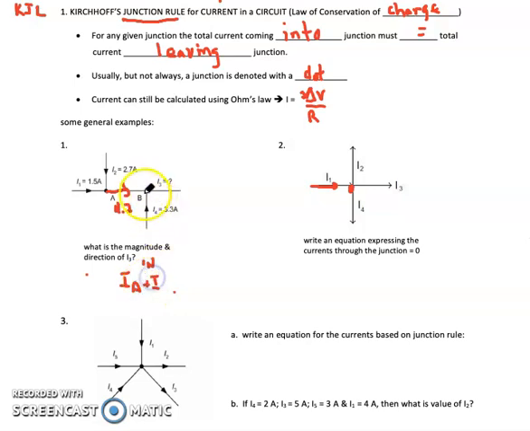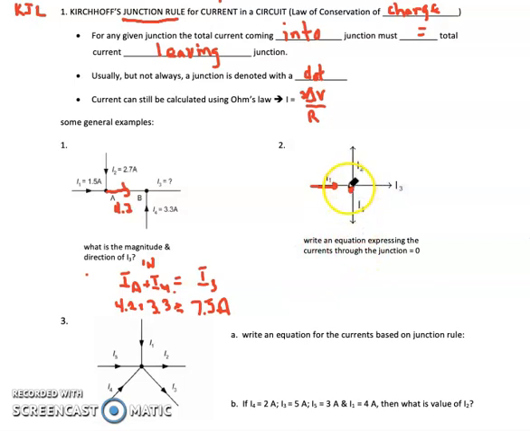That's coming into junction B, and that has to equal the current going out of junction B, which is just I3. So this, 4.2 plus 3.3, equals I3, and that's going to be 7.5 amps. All right, so that's one simple example of the junction rule. So study that and see if you have any questions before you move on.